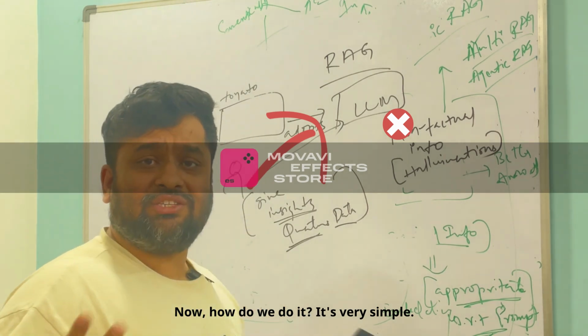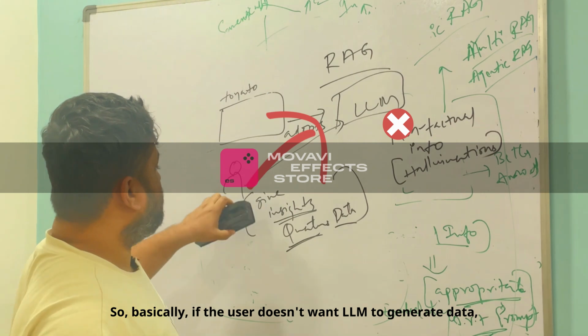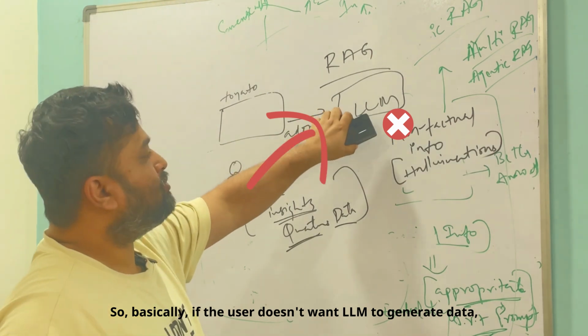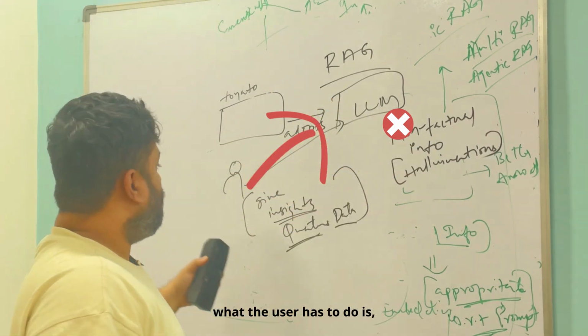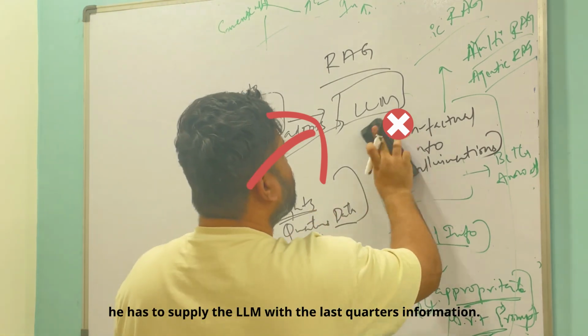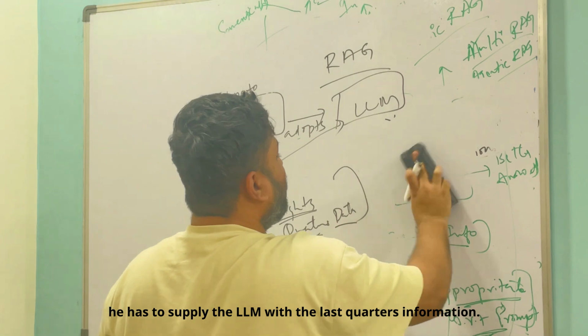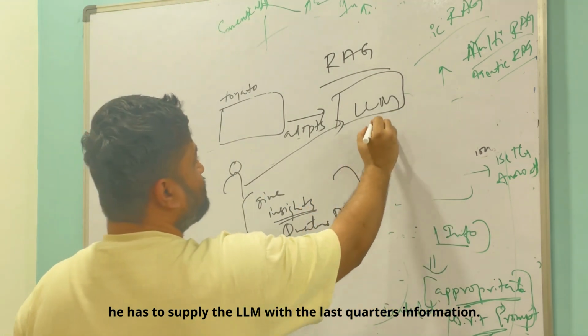Now, how do we do it? It's very simple. So basically, if the user doesn't want the LLM to generate bad data, what the user has to do is supply the LLM with the last quarter's information.